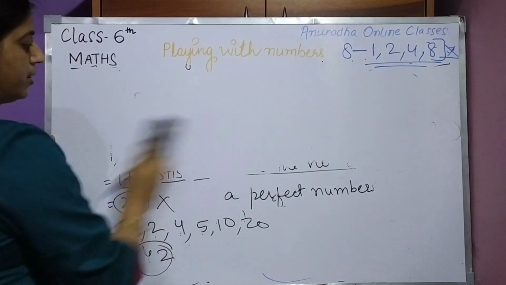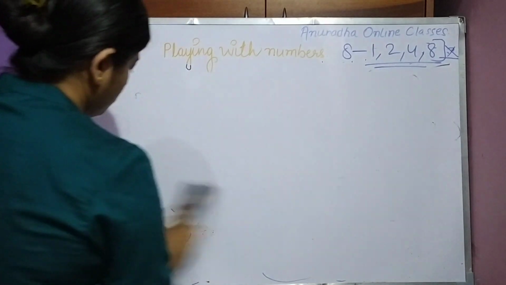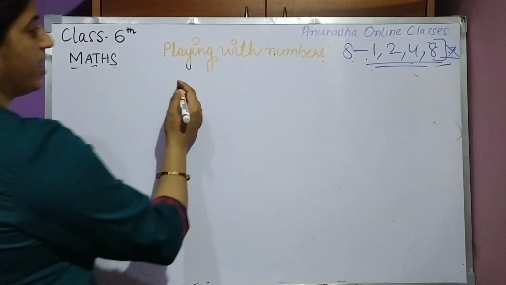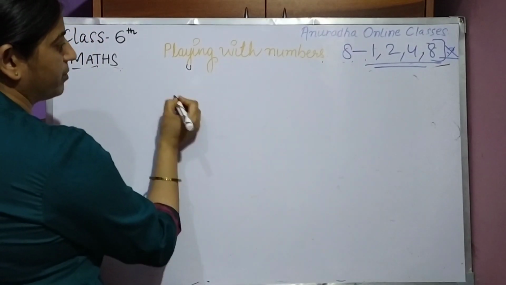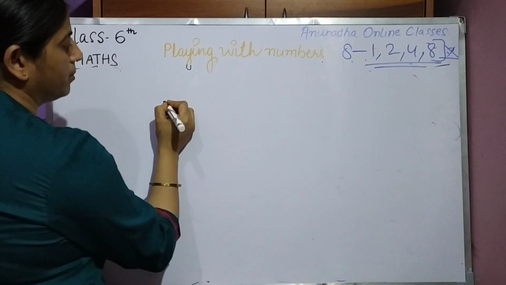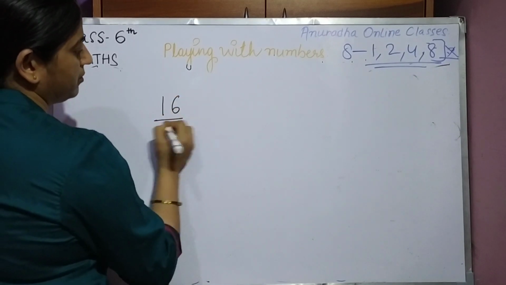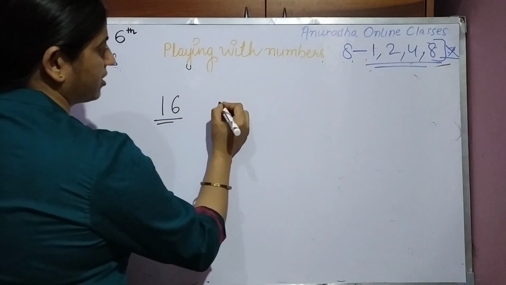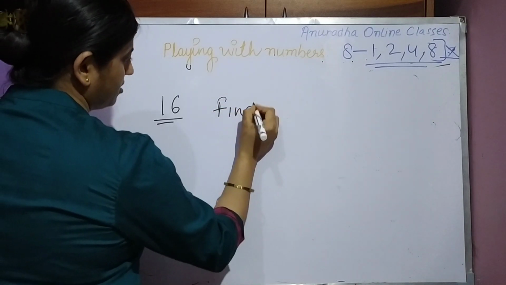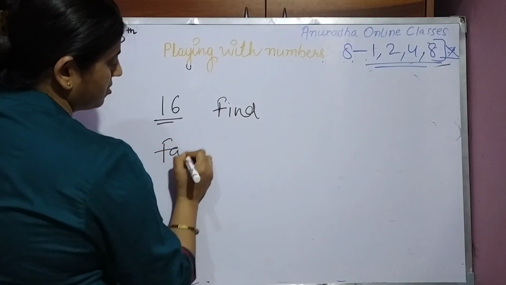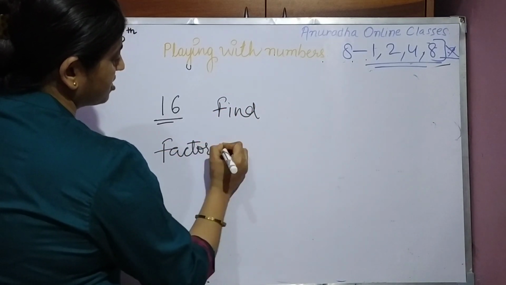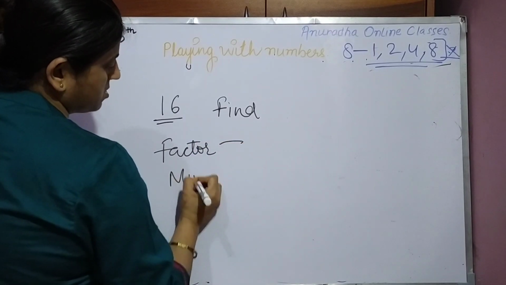Okay children, I will tell you one more question, and after that we will see the types of numbers. Now see, I have written one number, that is 16. You have to find the factors of 16 and multiples.